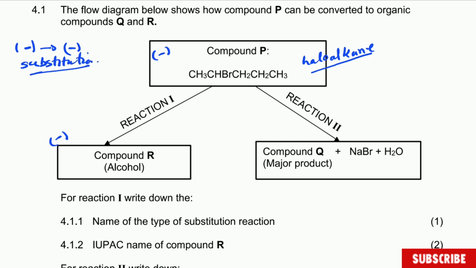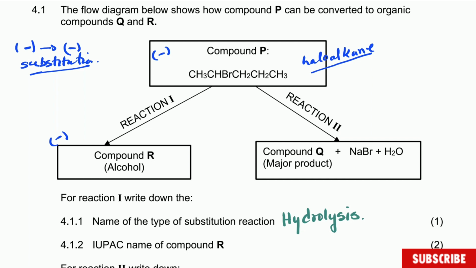Now they're asking what type of substitution that is, and this one is quite simple. The reaction from haloalkane to alcohol, substitution, is called hydrolysis. I do have a very old video on this one. I will leave the link.